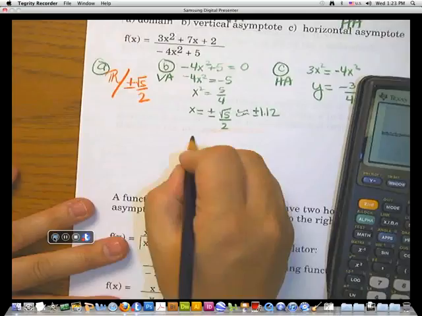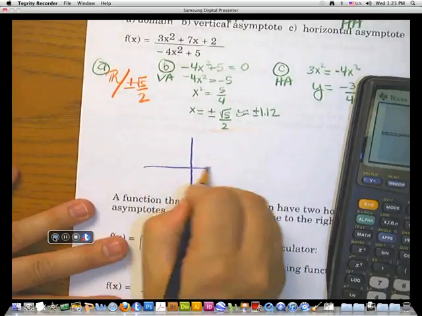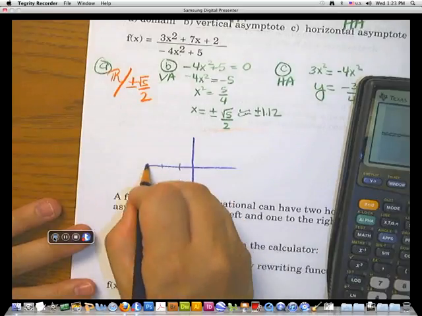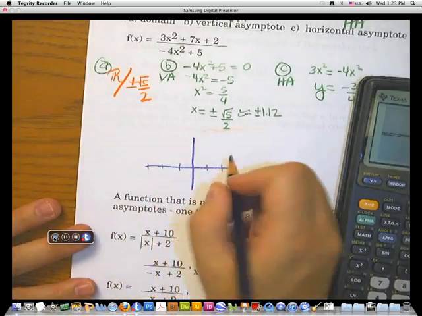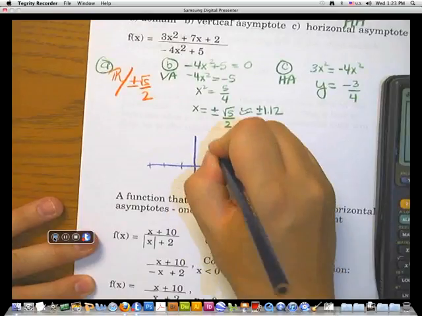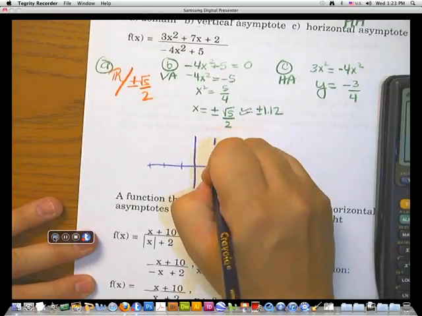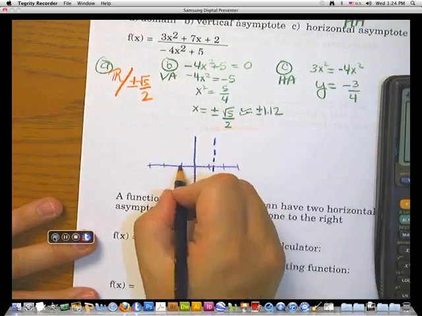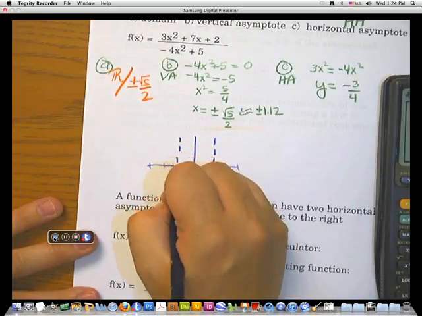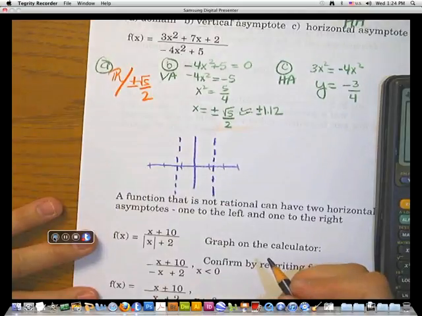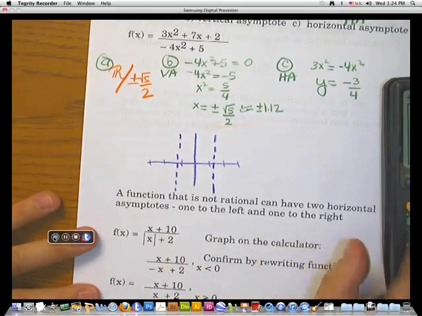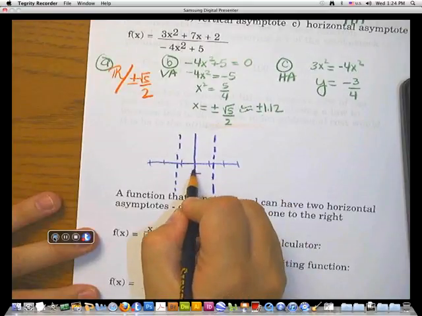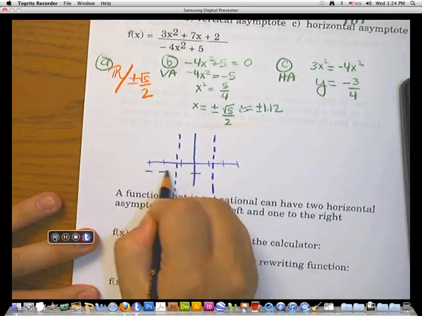When we draw our asymptotes, and here's our xy axis, when we draw our asymptotes at 1 and a little bit more, we use dashed lines. So there's the positive 1.12 and the negative 1.12, and then our horizontal asymptote is at negative 3/4.